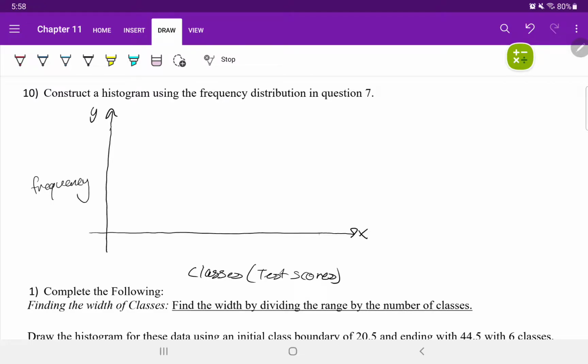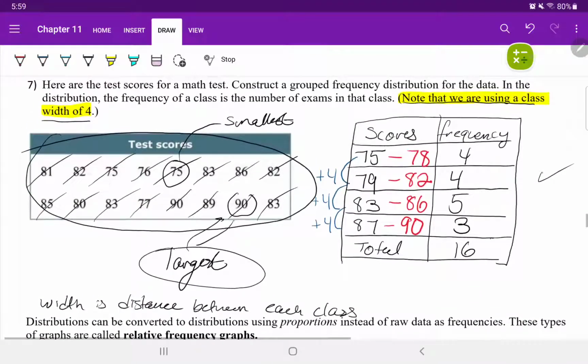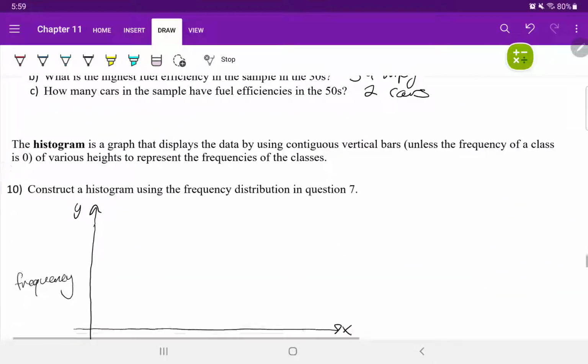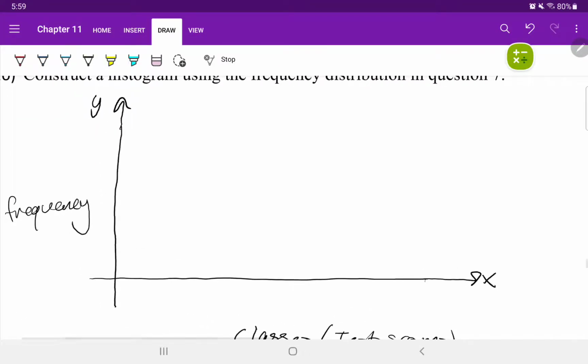Now, going back to the example that we did for number 7, the highest frequency is 5. So let's zoom in a little bit. This can go up to 6. So I'll put 3 right here, 1, 2, 4, 5.